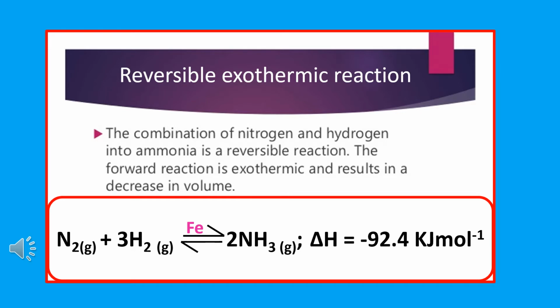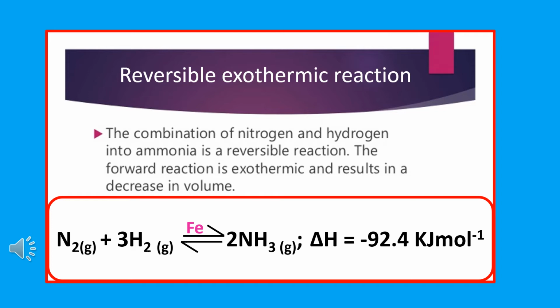I repeat, the combination of nitrogen and hydrogen into ammonia is a reversible exothermic reaction. That is, it contains two reactions. One is the forward reaction, the other one is the backward reaction. The production of ammonia is the forward reaction and it is exothermic, and it involves a decrease in volume.